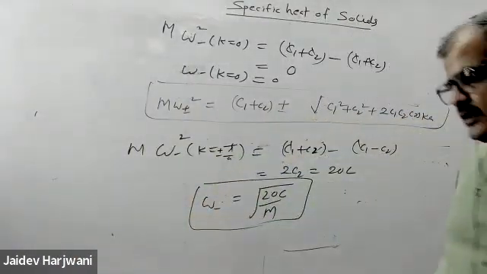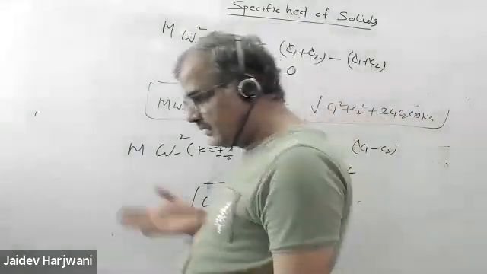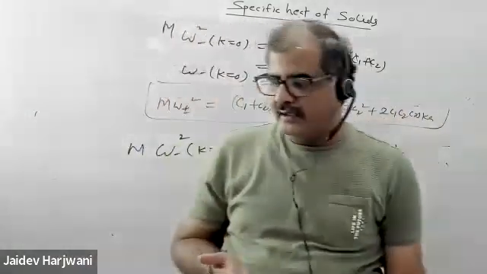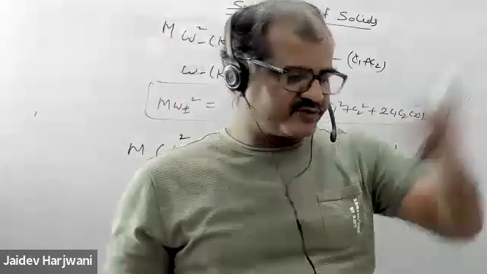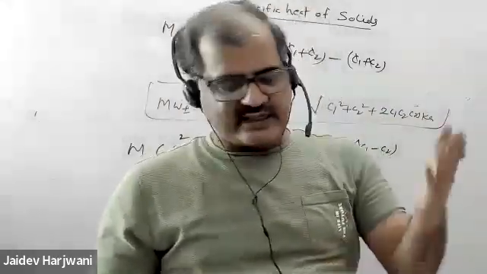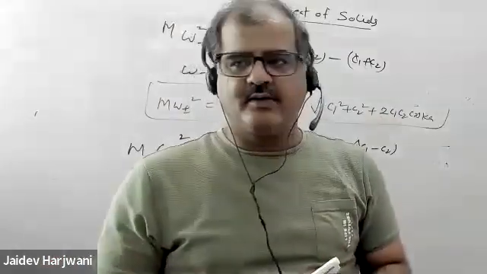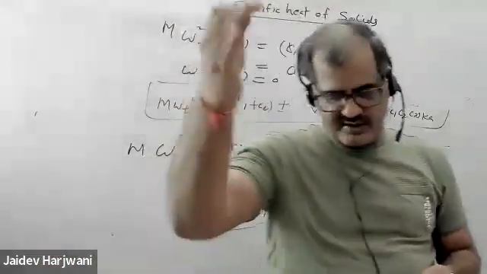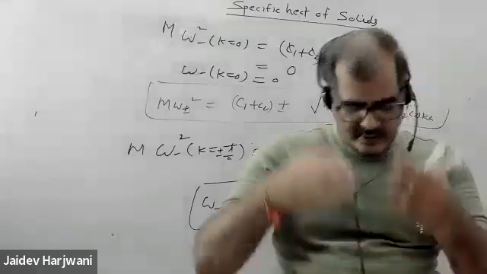Now I'm not telling you to remember this question. You just go through the procedure. If similar kind of questions are given in the exam, no need to memorize. If you know the steps of how we are solving, you can do it there.